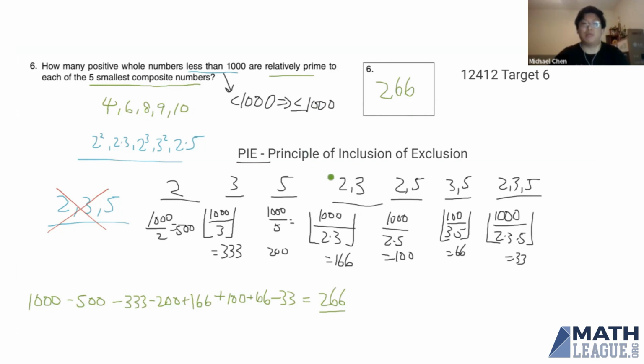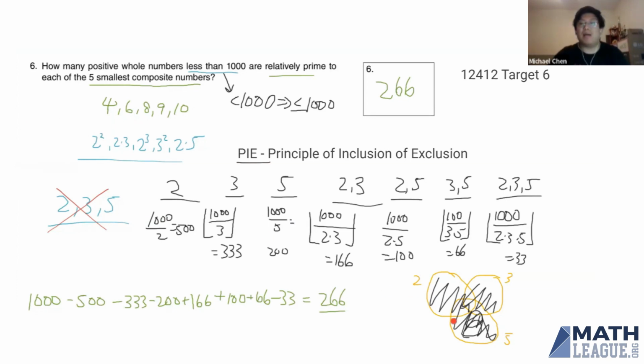Now, another way we can visualize this is by drawing a Venn diagram. Say the numbers divisible by 2 are in this circle, 3 in this circle, 5 in this circle. When we subtract out each of the original ones, we're subtracting out the whole circle. So we subtract out all 3 circles, which means we take out everything in the shared regions multiple times.